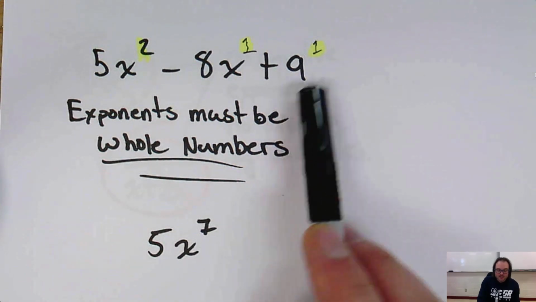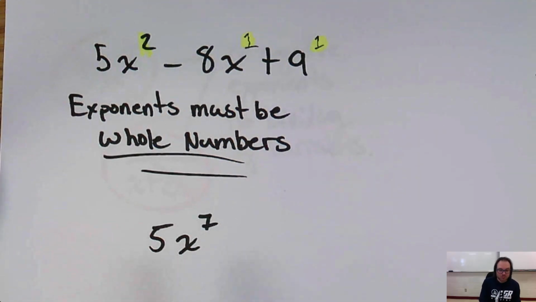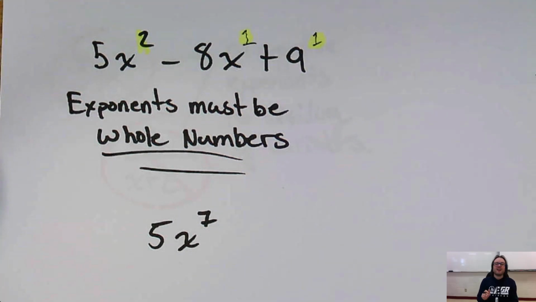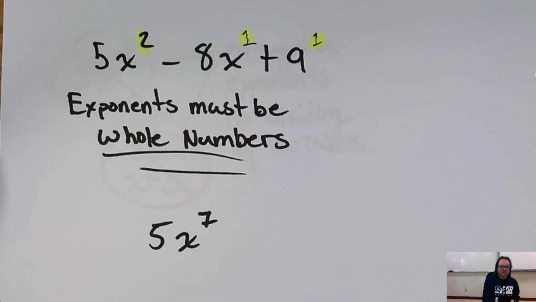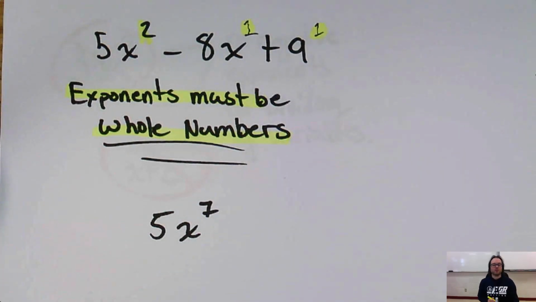Here we have 9 and an imaginary 1. So these are all whole number exponents. Another example would be right here, 5x to the 7. This would be a polynomial of only one term. We have a power of 7. That is a whole number. So another key thing is exponents must be whole numbers.